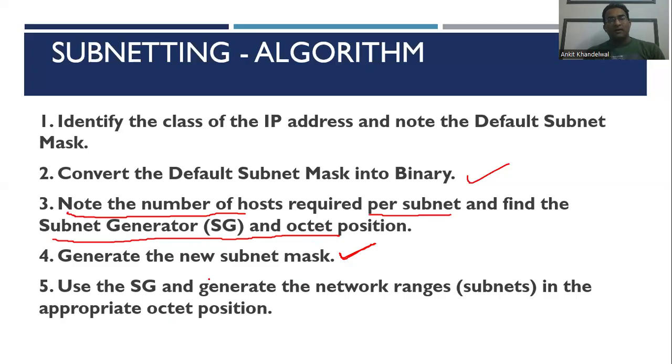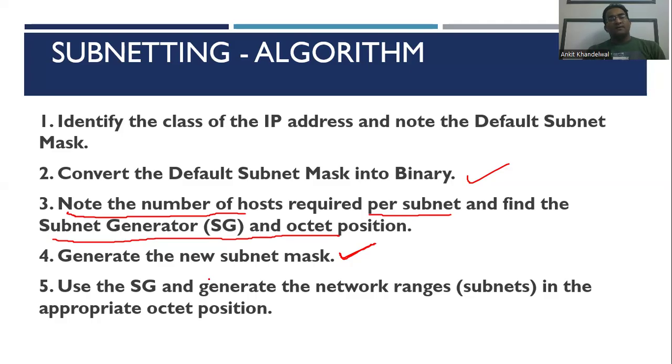So what are these 5 steps? First, you have to identify the class of an IP address and note down its default subnet mask. Then in the second step, we will convert that default subnet mask, which is in decimal dotted notation, to binary notation. In step number 3, we will note down the number of hosts required per subnet. Then we will calculate the value of the subnet generator and the octet position in which it is present.